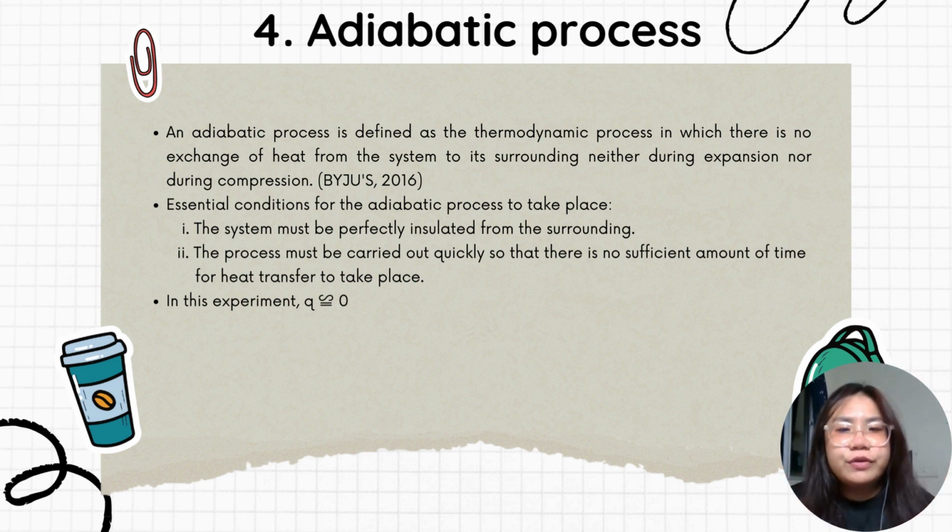There are a few essential conditions for this adiabatic process to take place. The first one is that the system must be perfectly insulated from the surroundings. The second one is that the process must be carried out quickly so that there is not a sufficient amount of time for heat transfer to take place. So in this experiment, Q will be equal to 0.